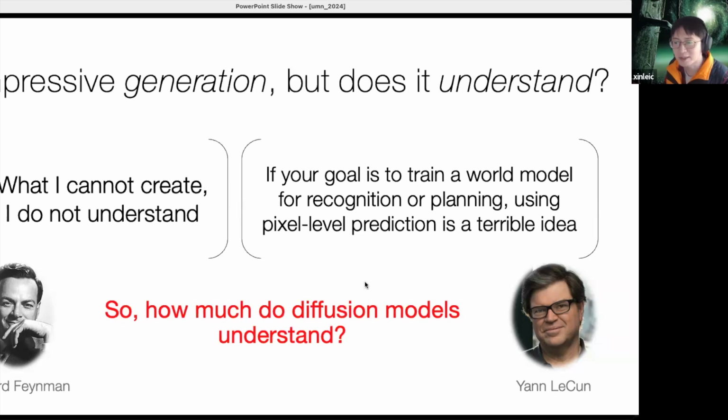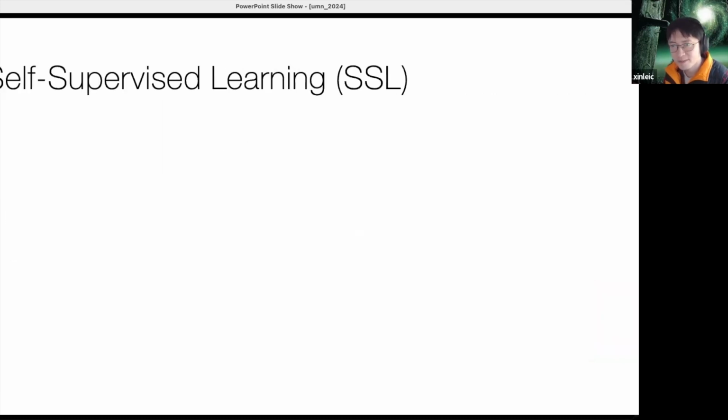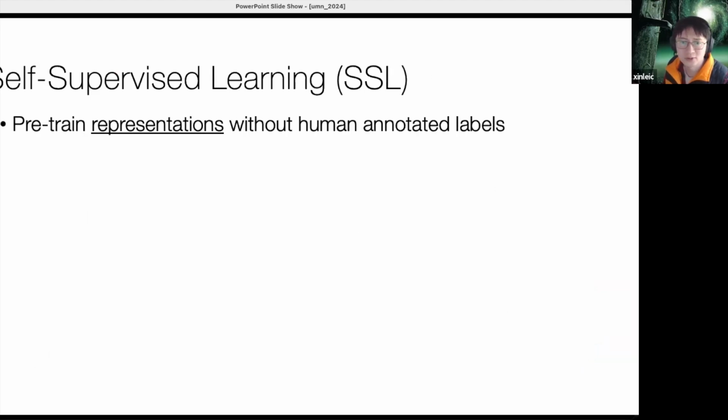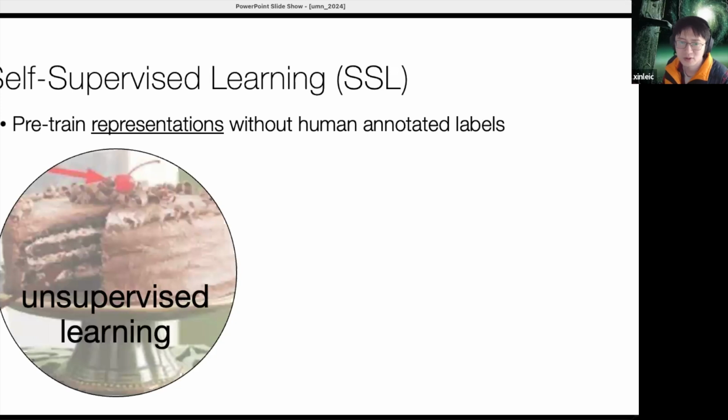So we want to do an empirical study to see how much a diffusion model understands. The way for measuring the understanding is via self-supervised learning. This is a paradigm where one would pre-train representations without human annotated labels, so this is an unsupervised learning task.